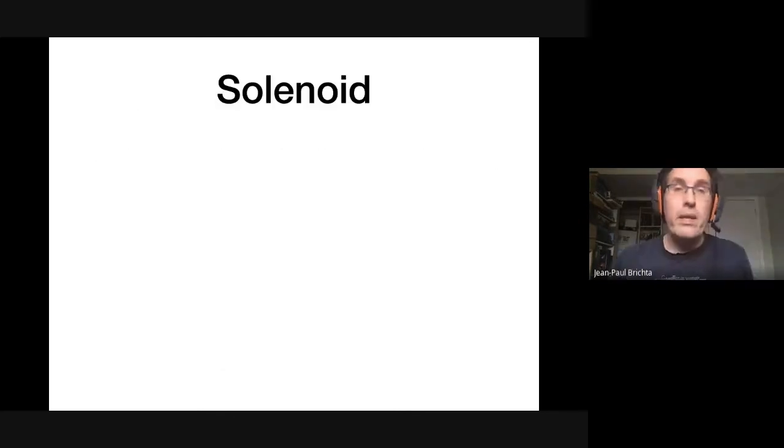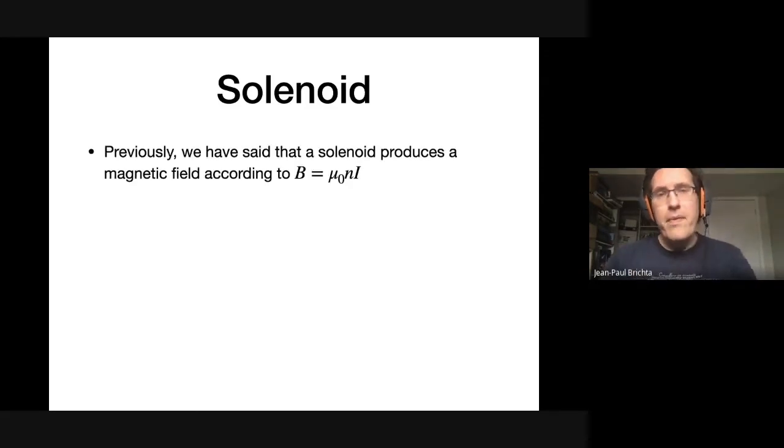All right, so let's talk a little bit about a solenoid. For those of you who took grade 11 with me, I may have mentioned at one point that the magnetic field for a solenoid goes kind of like this. Grade 11 was actually the first time we were introduced to this mu0 number.